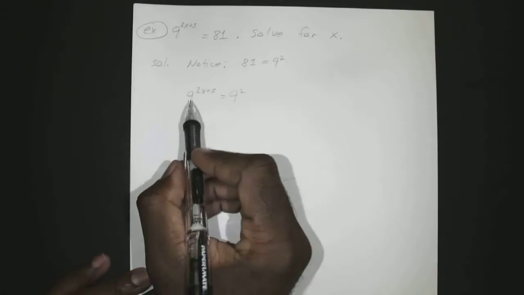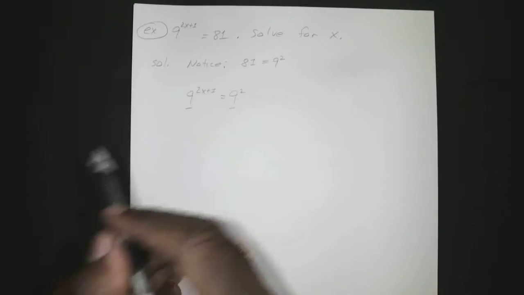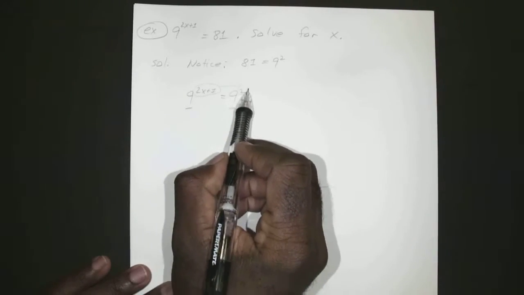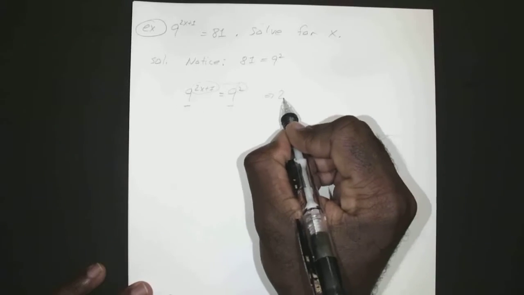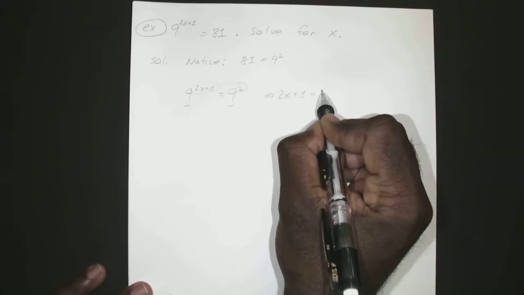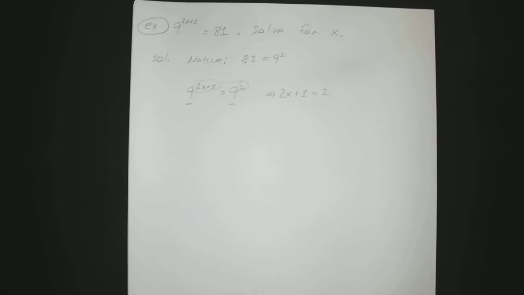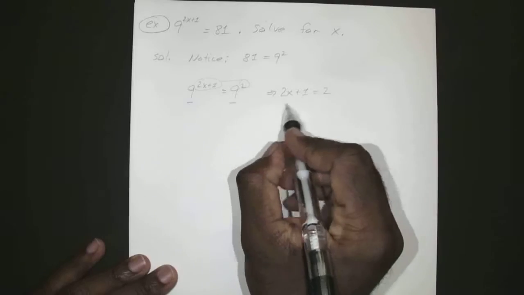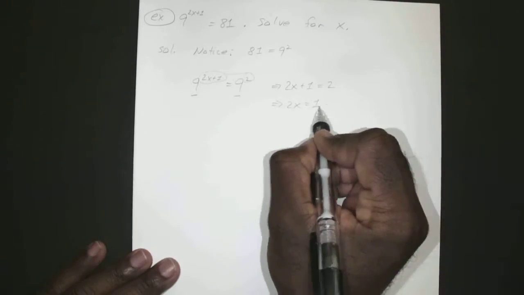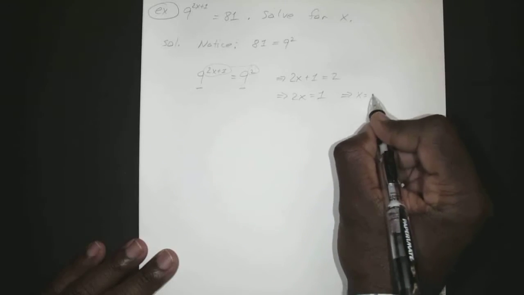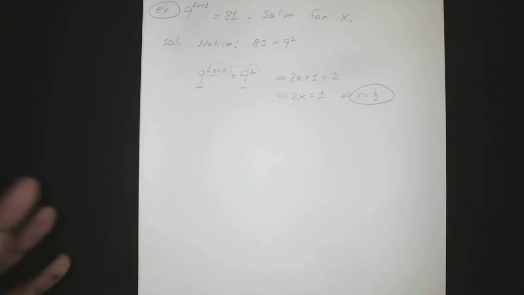Which means that if your bases are the same, the only way this can be true is if your exponents are equal. So that means 2x plus 1 has to equal 2. Subtract 1 from both sides. 2x equals 1. Divide both sides by 2. x has to equal 1/2 for that to be true.